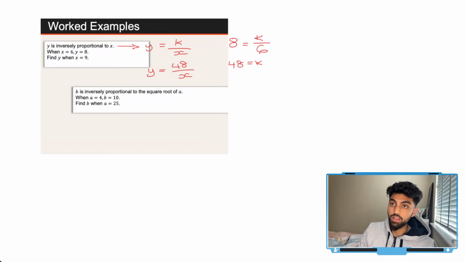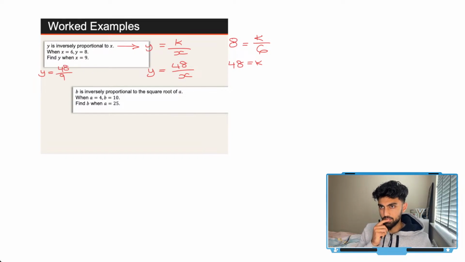We'll do that now. Find y when x is equal to 9. So we have y is equal to 48 divided by 9. Did I do it wrong? Is it 42, guys? No, 6 times 8. Yeah, thank you.